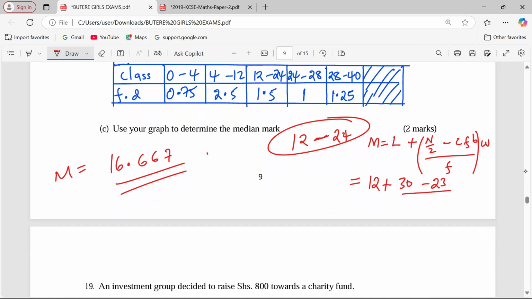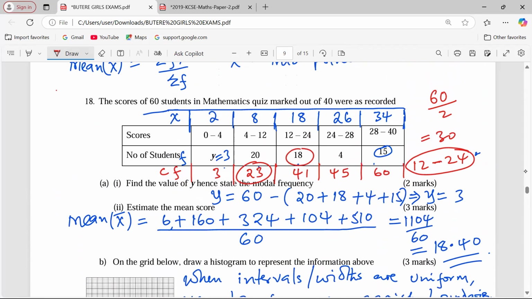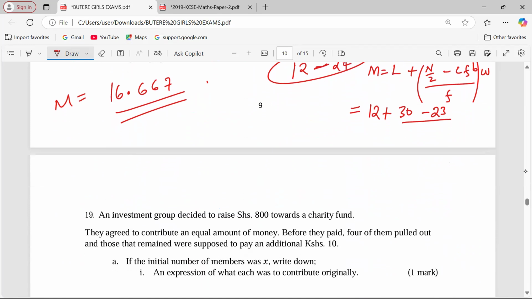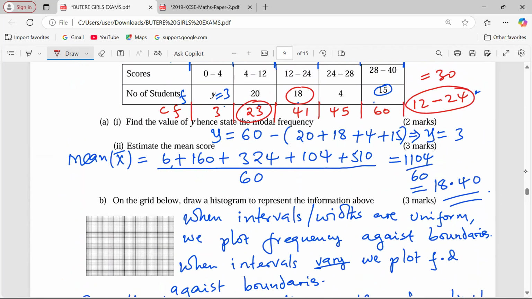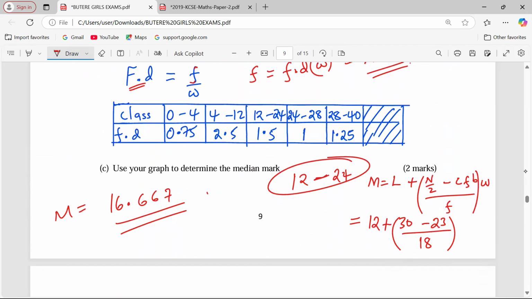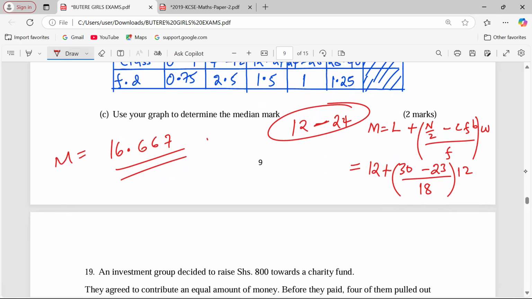Divided by frequency of this particular class now. Frequency of the class is 18. Then we multiply by the class width. From 12 all the way to 24, we have a class width of 12. So this will give us the median from the formula. 12 plus, when we take 30, we subtract 23, we multiply by 12, we divide by 18.